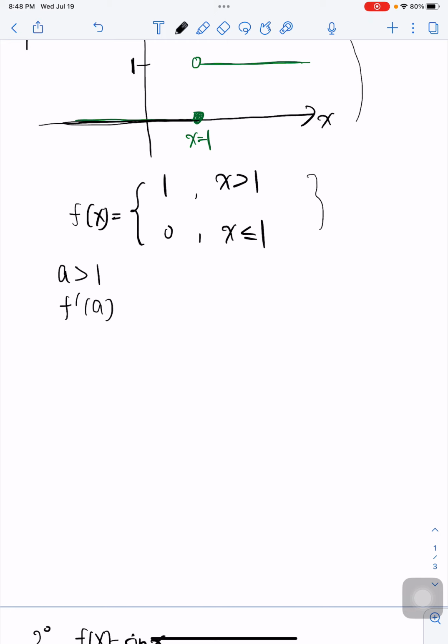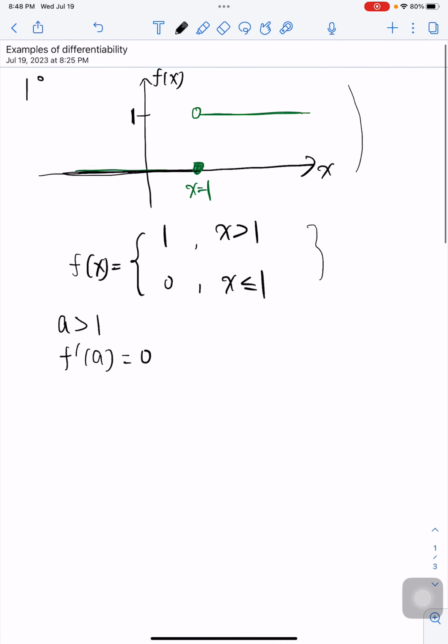So for a greater than 1, the function f is equal to 1, a constant, so its derivative is always 0. Similarly, you can get the same result by observing this figure.